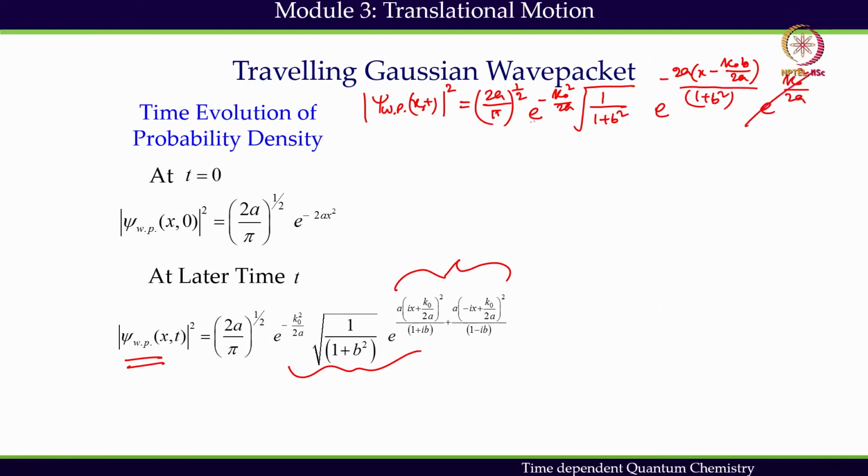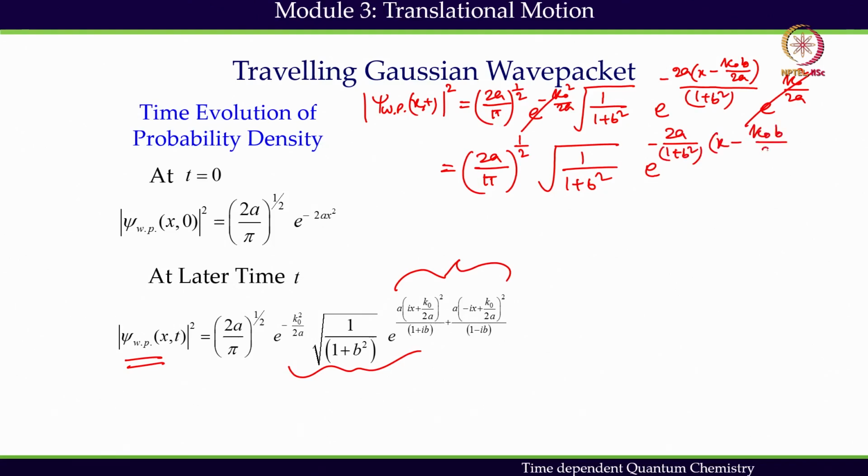So this part will cancel out, and finally I get a simplified form of this big expression as 2a by pi to the power half, 1 by 1 plus b square, then e to the power minus 2a by 1 plus b square times x minus k naught b by 2a whole square. So I get this final expression for rho x t, this Wavepacket rho x t.